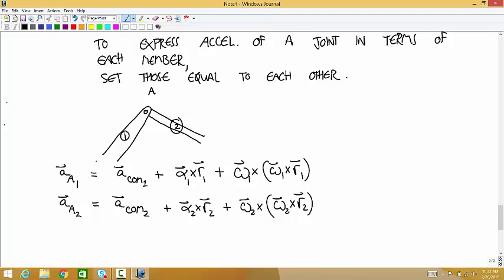And the nature of that joint is that the acceleration of A according to 1 has to equal the acceleration of A according to 2. Okay, any questions about that?